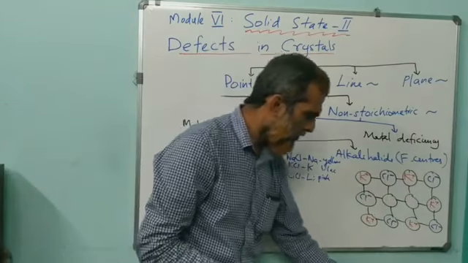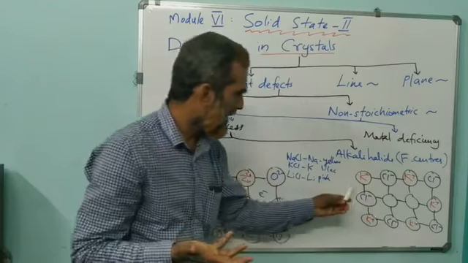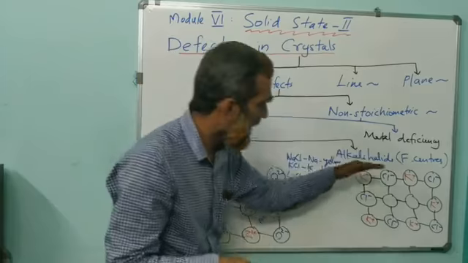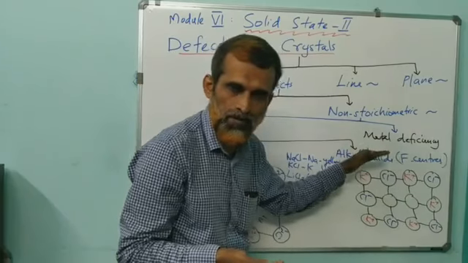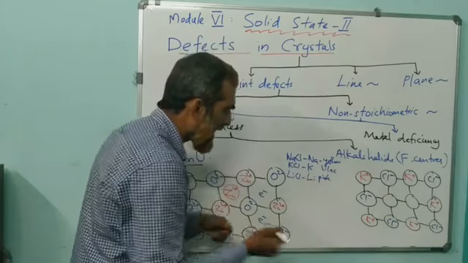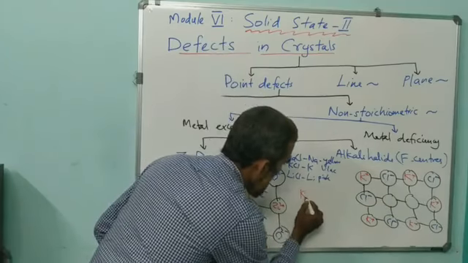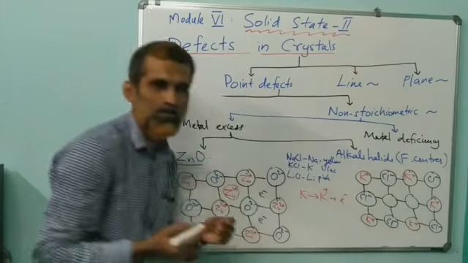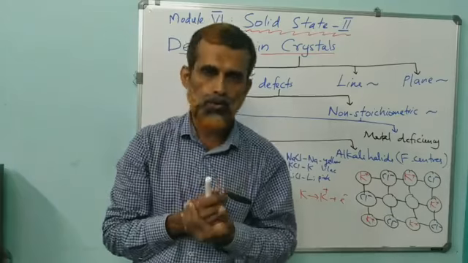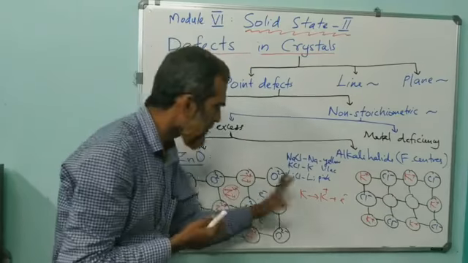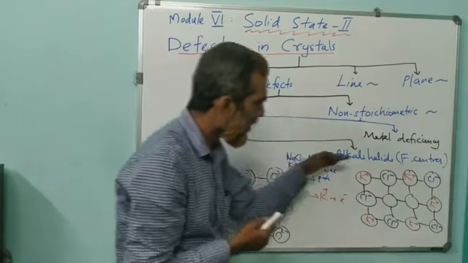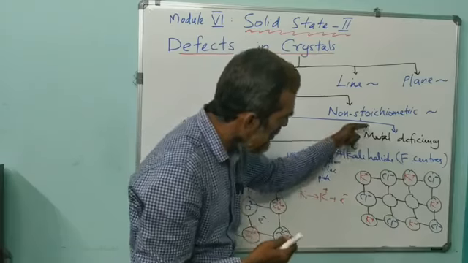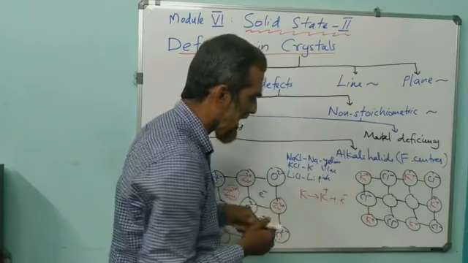Now, if this potassium chloride crystal is heated in an atmosphere of potassium vapor, with excess potassium vapor, what happens? At high temperature, this potassium will ionize into K+ and an electron, right? Because alkali metals have low ionization enthalpy, they ionize on the surface of the crystal, and these ions will diffuse down into the cation vacancy.